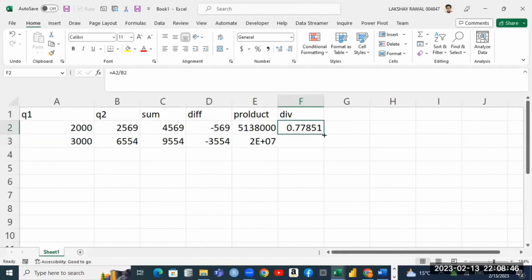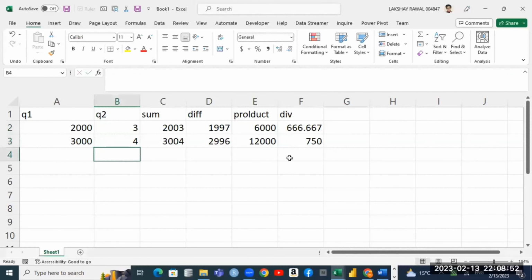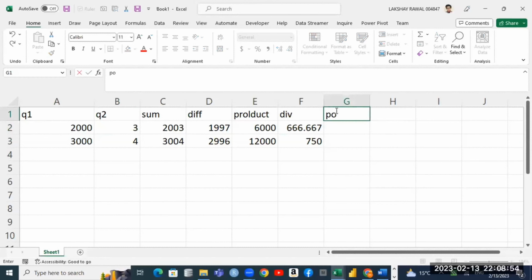One more thing in Excel. Suppose this is 3, this is 4. Suppose you want to find the power. How will you calculate the power? Is equal to, you have to calculate 2,000 to the power 3. For the power, you have to use the cap symbol.